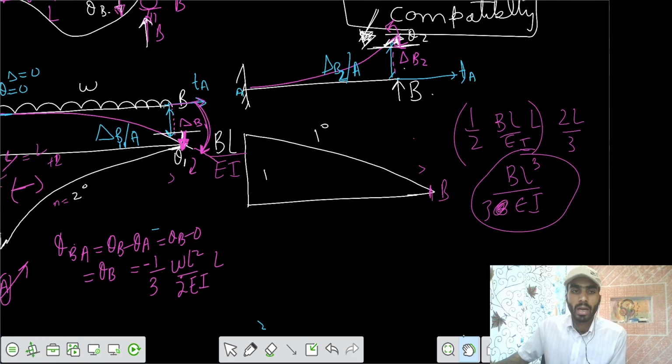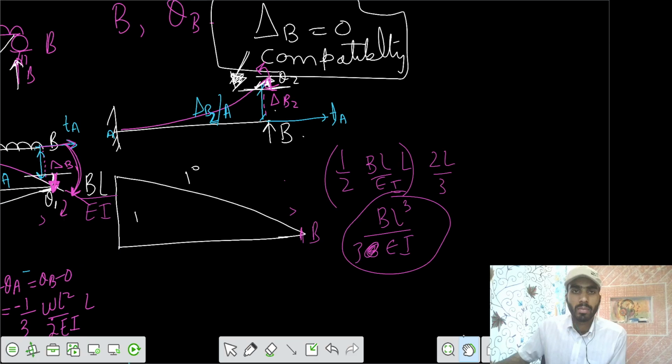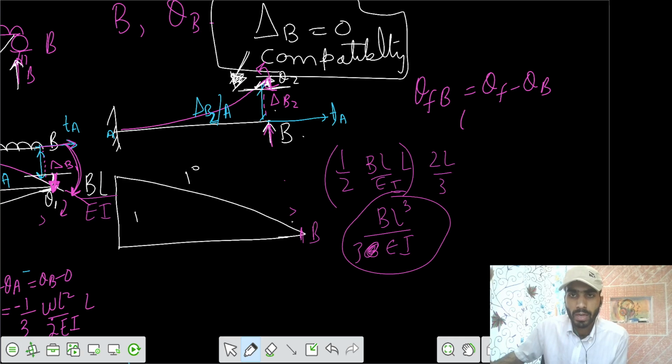Similarly, we can get theta B2. We need the value of theta forward minus theta backward. Here the forward point is B, so theta B minus theta A. You draw the tangent from A, and your theta 2 is anti-clockwise, so theta BA is also anti-clockwise.